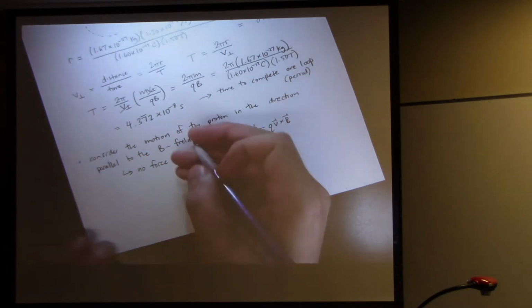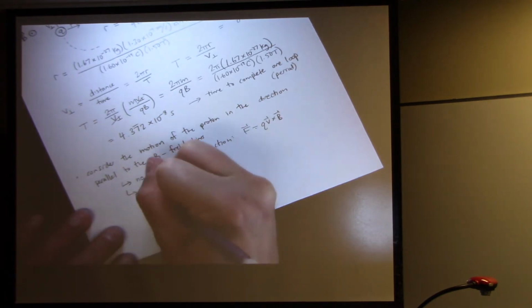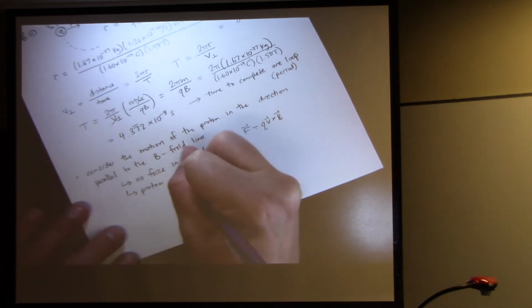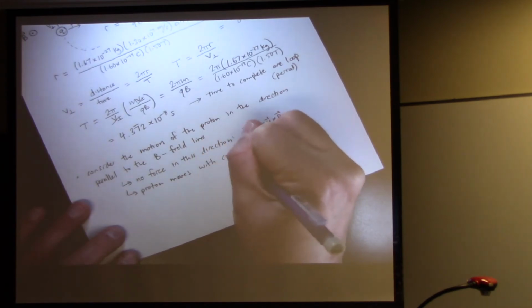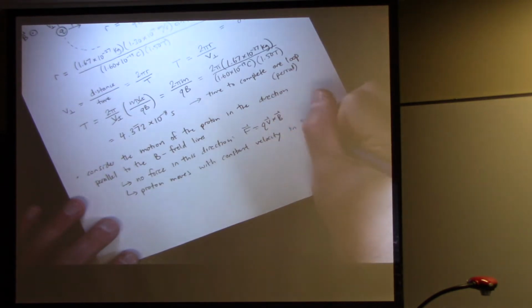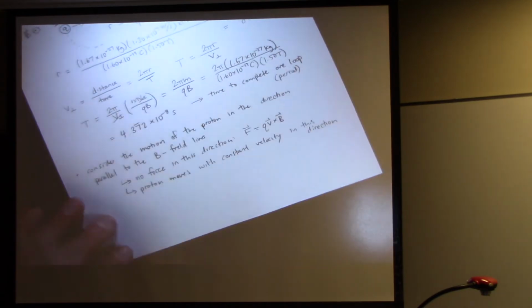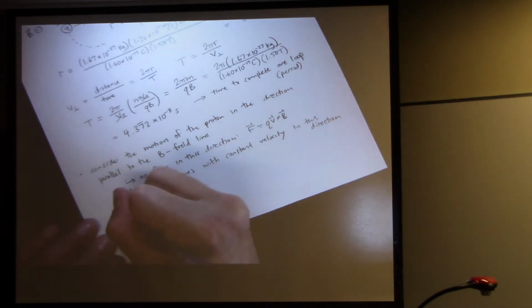So, in other words, the proton moves with constant velocity in this direction. Okay, we already found how much time it takes to make one loop. So that's actually very useful for us.